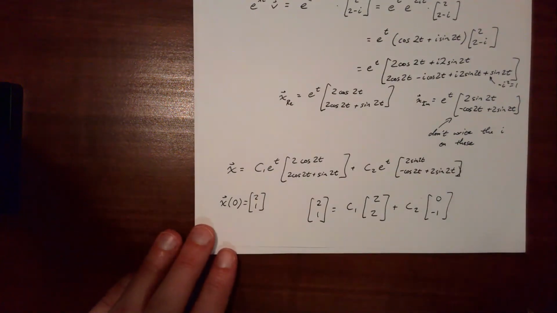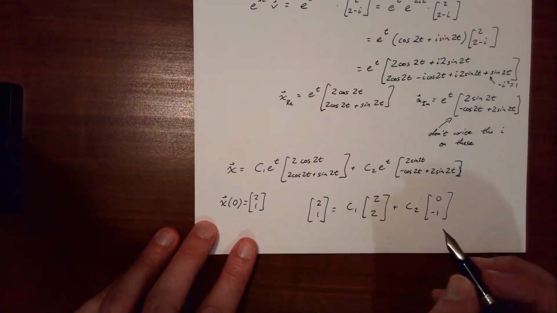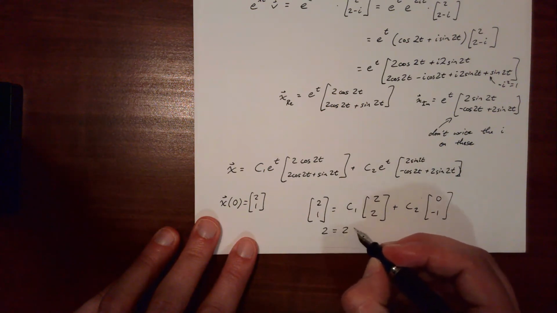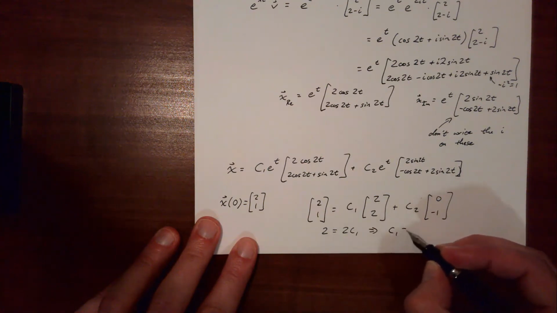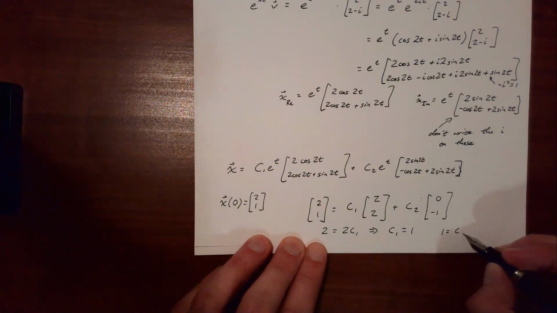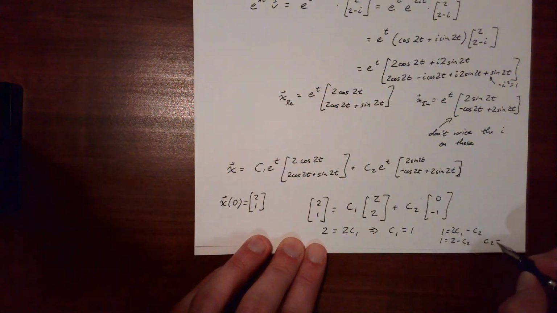And so, actually, just looking at this, a solution jumps out. You can solve this by any means, but you can see that 2 equals 2c1, which implies that c1 equals 1, and then 1 equals 2c1 minus c2, and so 1 equals 2 minus c2, so add, subtract, and you get c2 also equals 1.